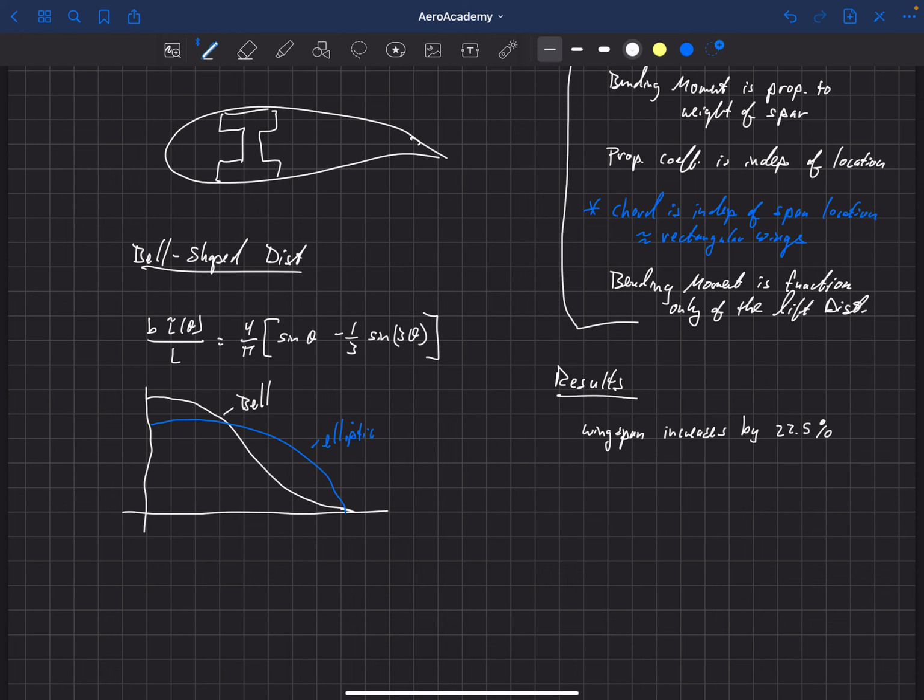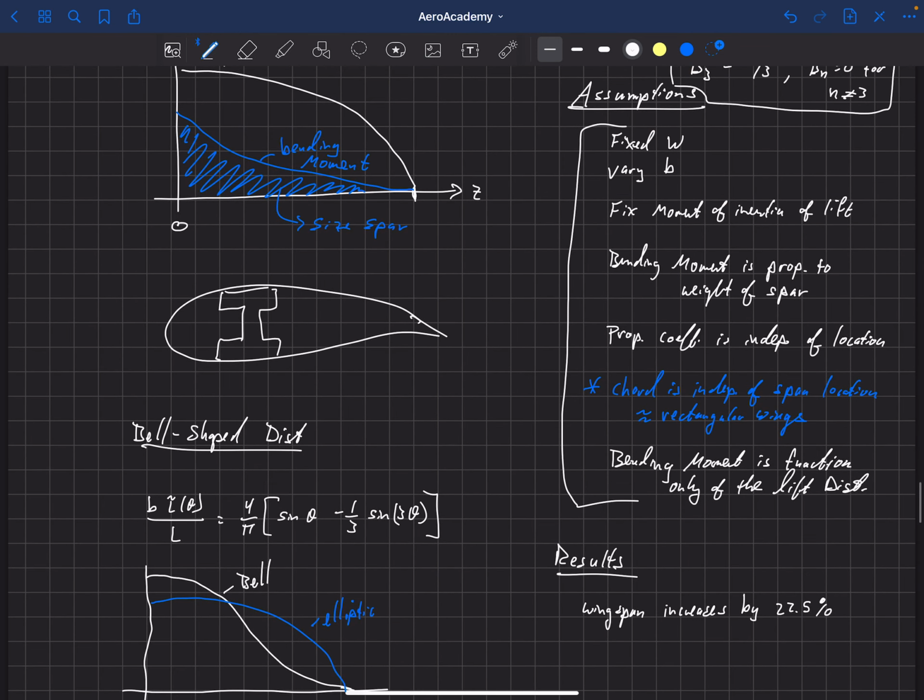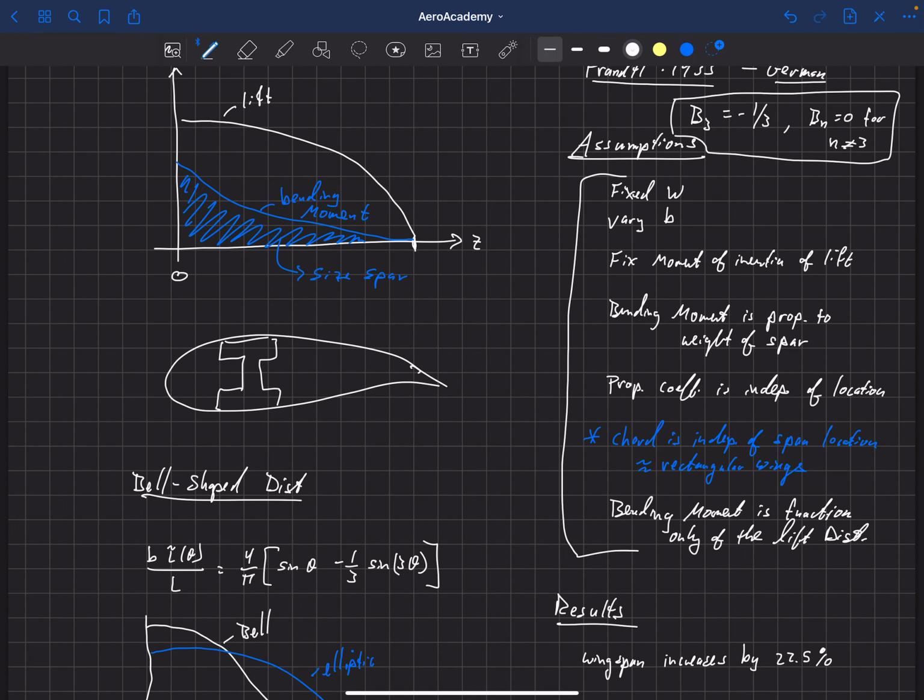So basically, to understand that, if we take the elliptic lift distribution and compute the size of the spar that's needed to support it, and the center of lift out here, or the moment of inertia of lift, we can get the same size of spar, the same weight of the spar, and increase the wingspan by 22.5%.